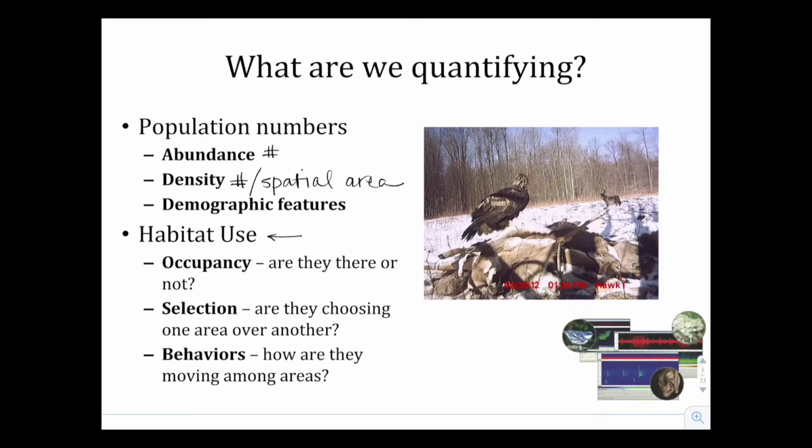But because there are so many ways to go about doing this, getting abundance numbers and also understanding habitat use, what's really important is that we know what question we're asking in order to know which level of quantification we need. Ultimately, we have to know a little bit about the wildlife of interest and what information we want to collect in order to decide how exactly we want to count them, whether we get abundance or density, whether we get birth or death, etc.